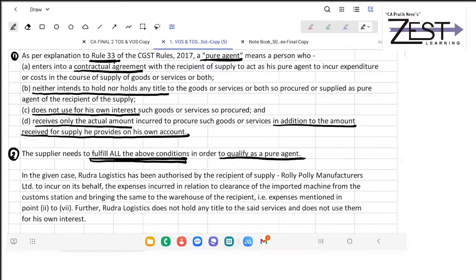And the supplier needs to fulfill all of the above conditions to qualify as pure agent.